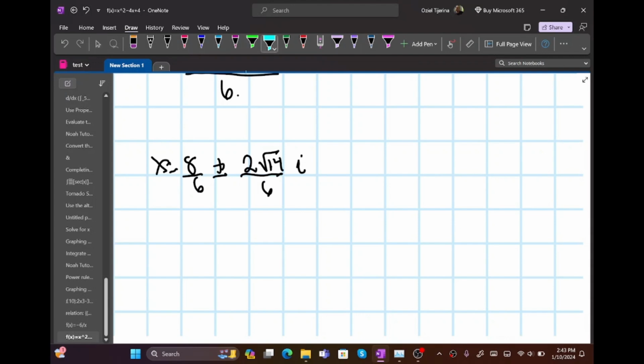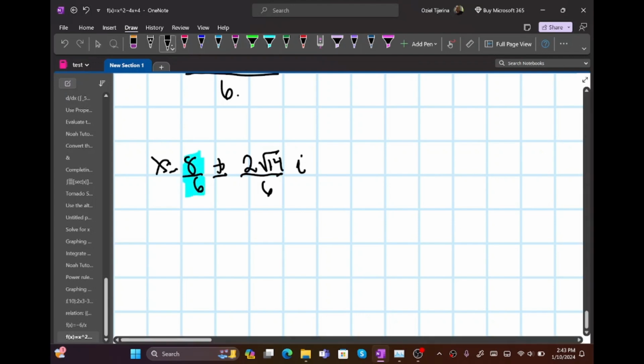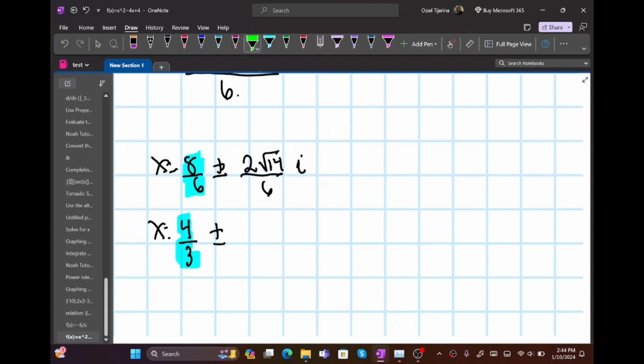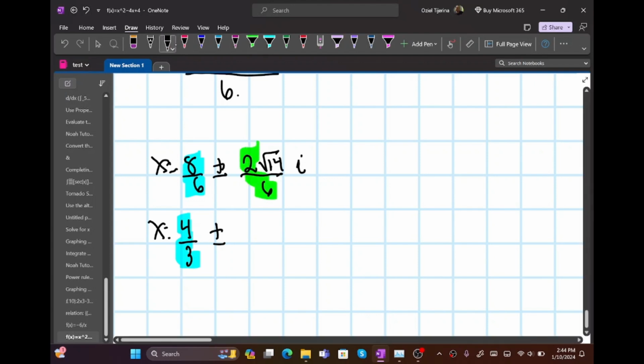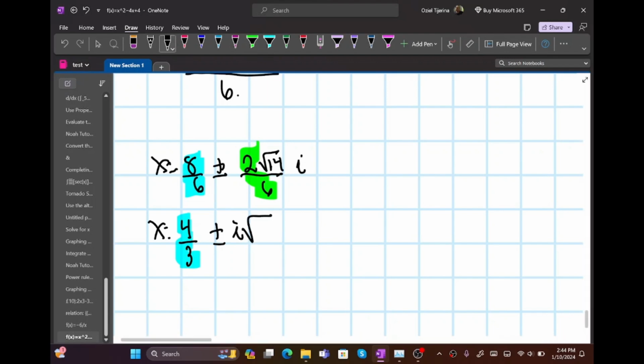The 8 over 6, divided by 2, becomes 4/3, so x equals 4/3 plus or minus, and then 2 over 6 is 1/3, so it's i square root of 14 all over 3.